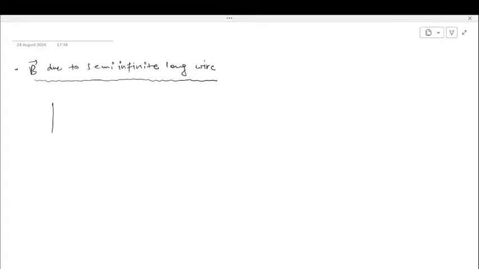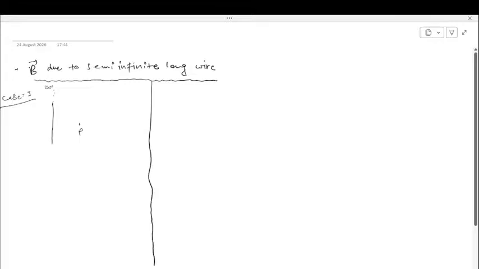Suppose this is the wire, this part is at infinity, and we have a point P. This is case 1. Here we can draw case 2.